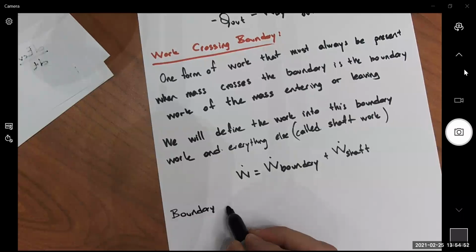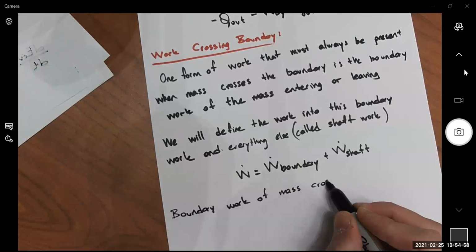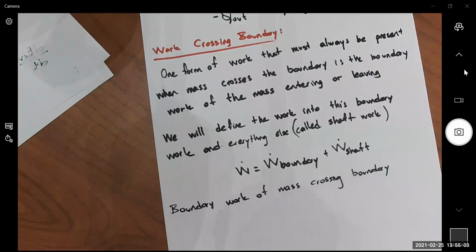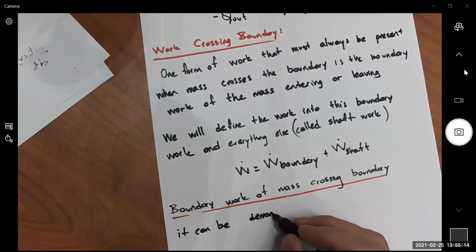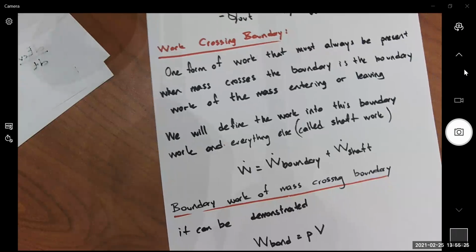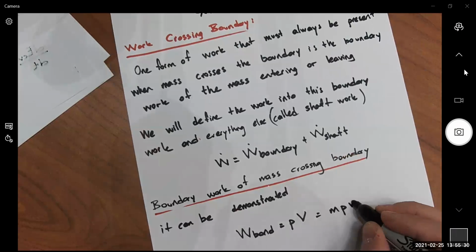Boundary work of mass crossing boundary can be demonstrated: work boundary equals PV, or mPV.